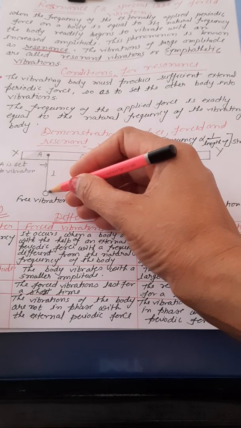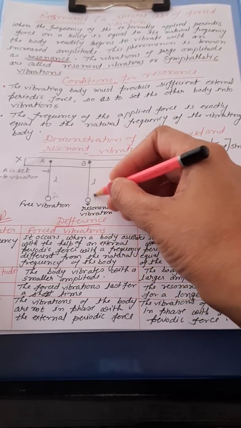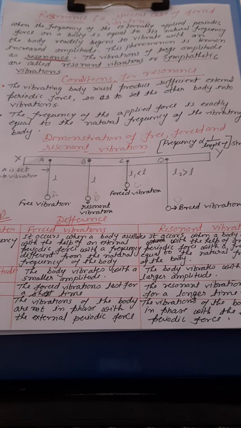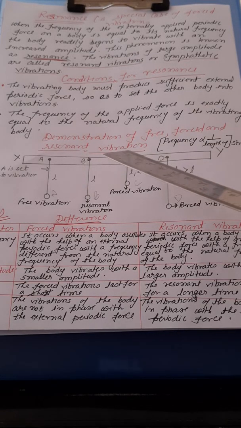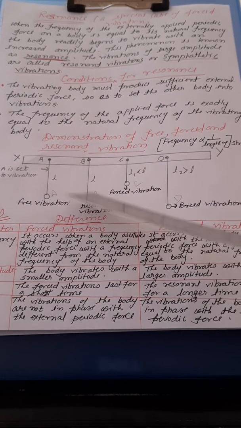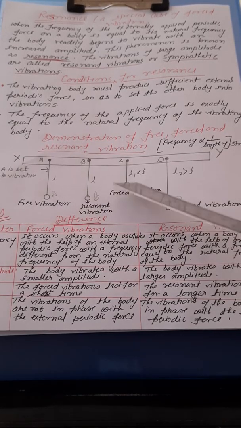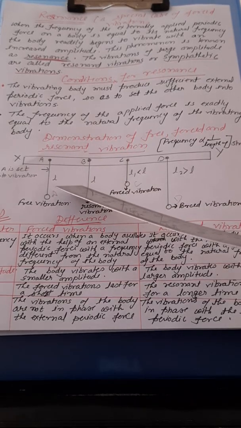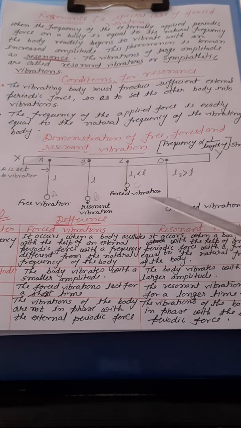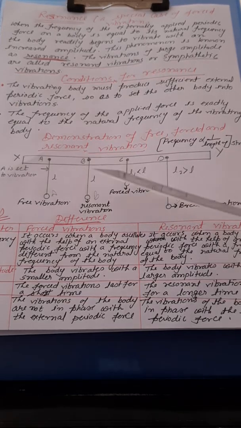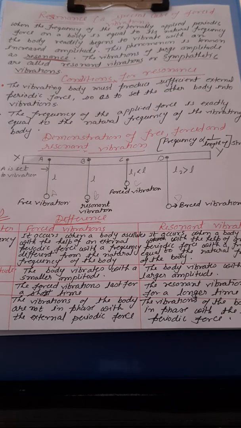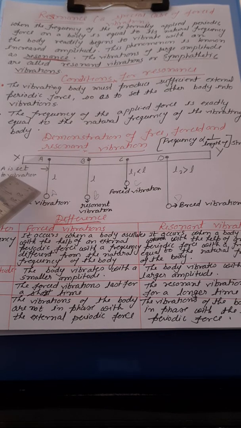Say this is A, this is B, this is C and this is D. A and B are of the same length. The length of C is L1, which is less than L. The length of D is L2, which is greater than L. If A is set into vibrations, what will happen?